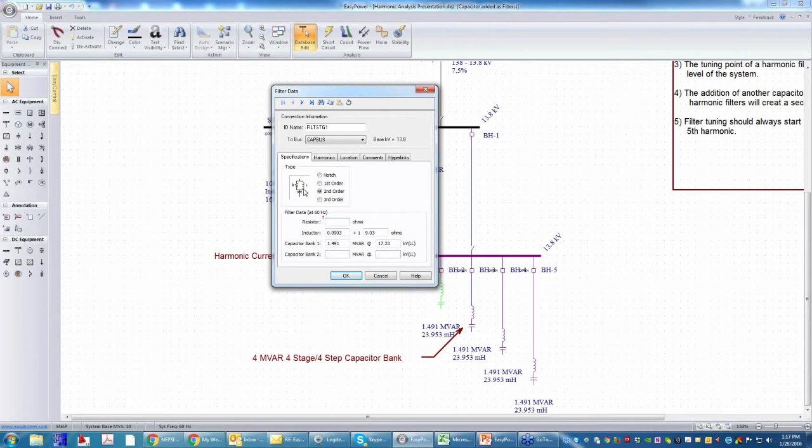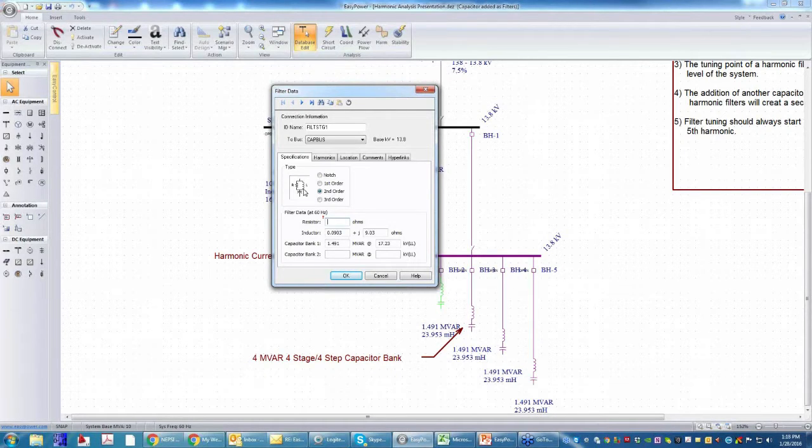So my approach is typically to start off with a relatively high value resistance and continue to decrease it until I get the performance I'm looking at. If the kW losses associated with that resistor, say, exceed 30 kW, then I start to question the design. You can go above 30 kW, but that's a good point to maybe start reconsidering the design and going in another direction.